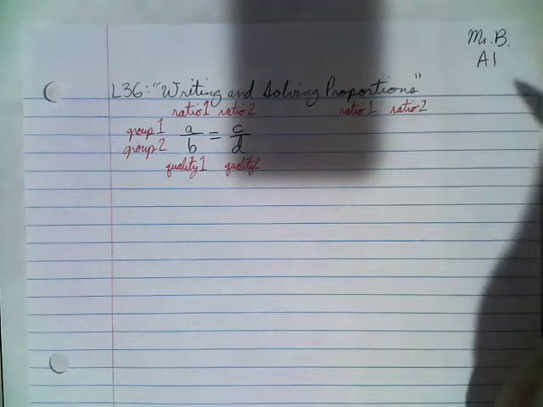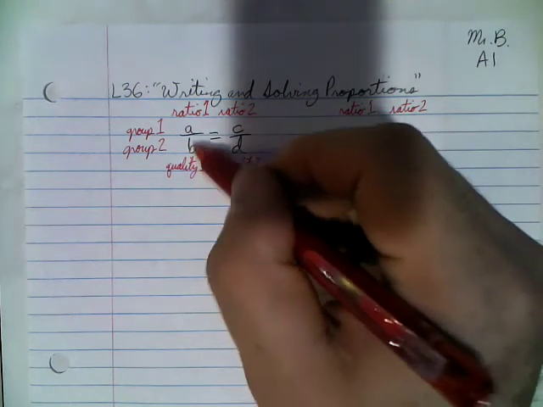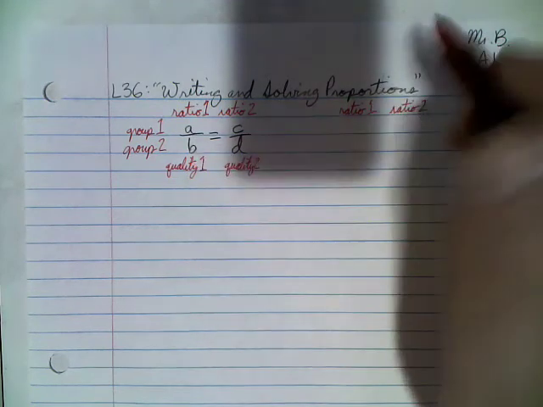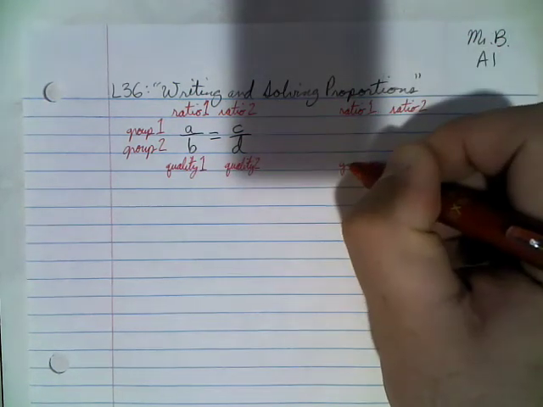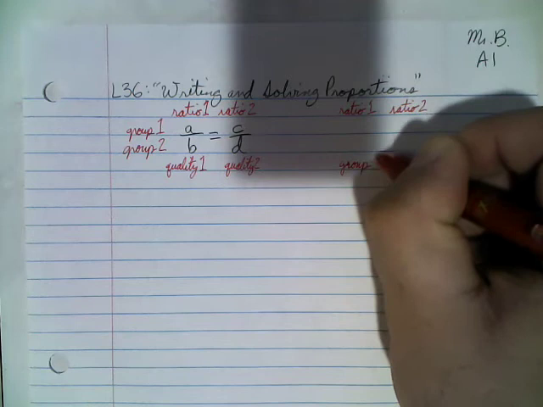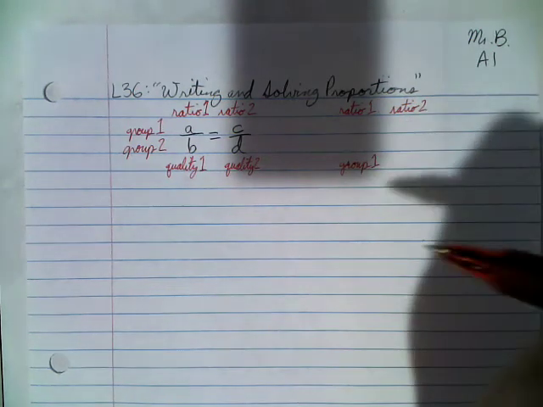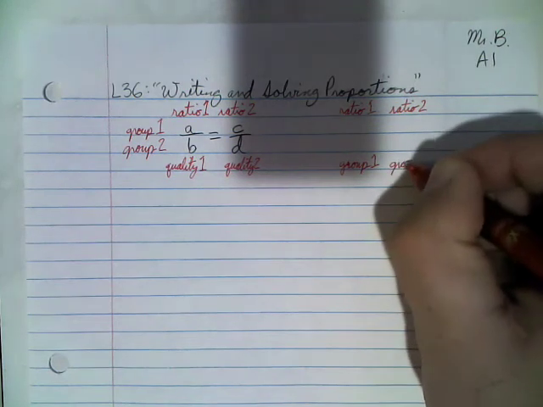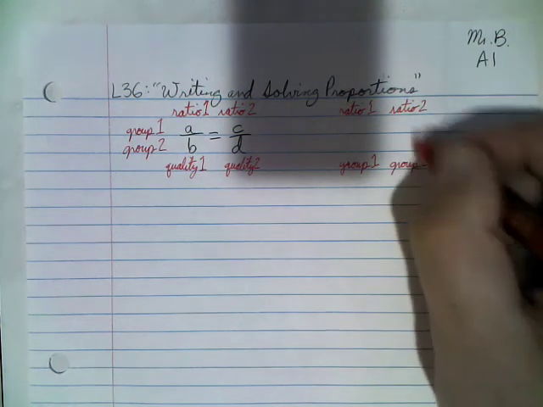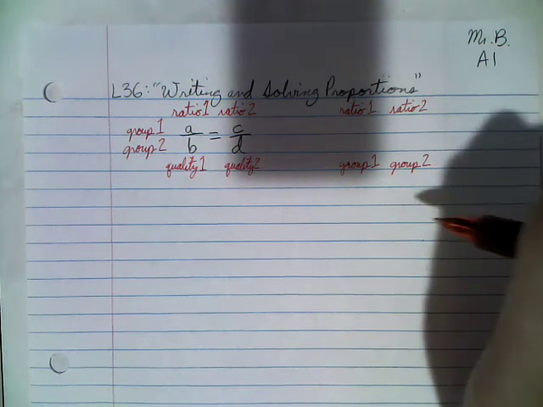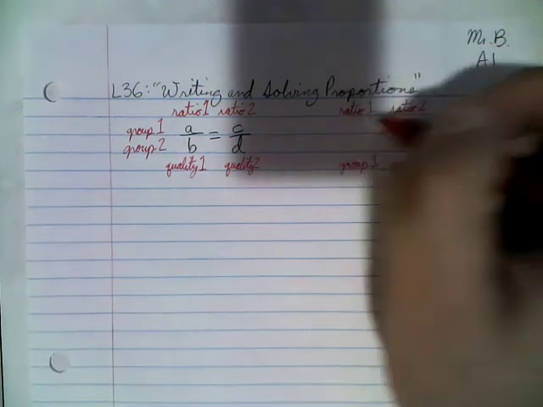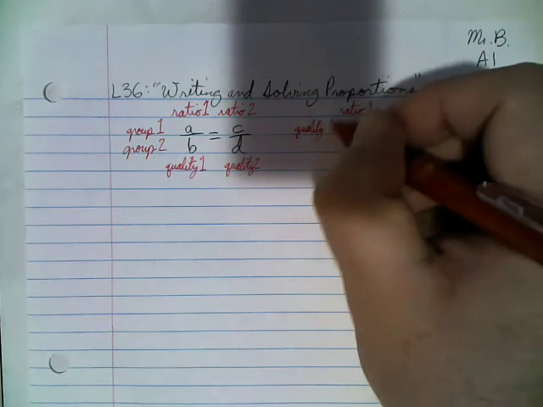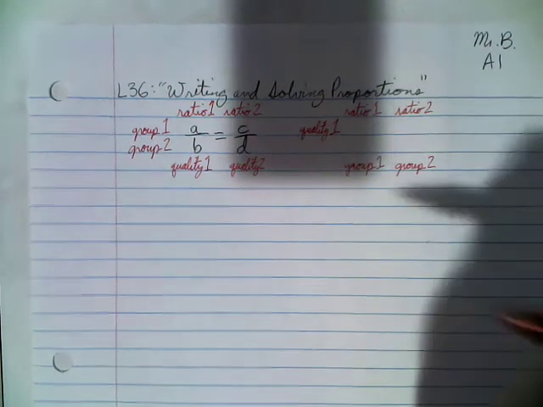So instead of my first ratio being about some quality between group 1 and group 2, I could have the first ratio be a ratio between two things in the same group. And we'll see what this looks like in just a second. So then the second ratio would be a ratio completely related to the second group. Well, in this case, the numerators then would be corresponding qualities. We'll call them quality 1, whatever that is.